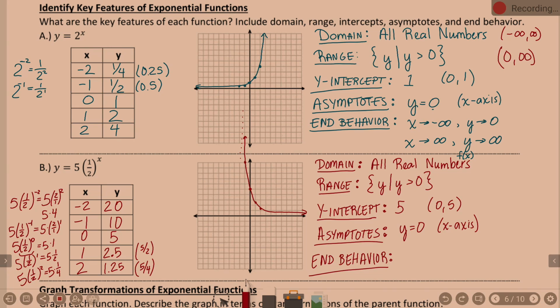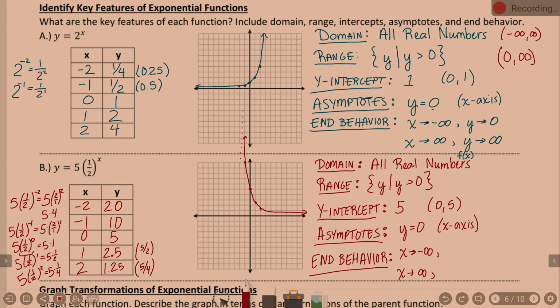It's always going to be: as x approaches negative infinity, what is my graph doing? So what is y doing? And as x goes to the right, as x approaches positive infinity, what is my graph doing? We're always asking those 2 questions. So as x gets smaller, as x gets bigger.